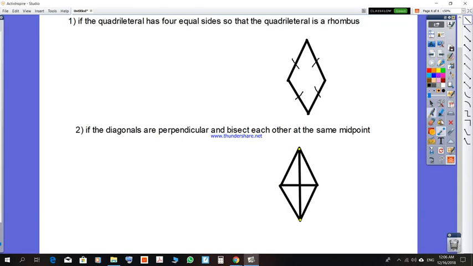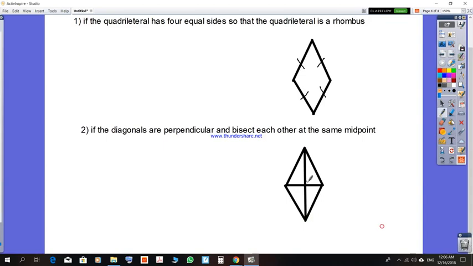We notice that the diagonals here are perpendicular, and this part of the first diagonal is equal to the other part. On the second diagonal, we have this part equal to the other part. So we can say that the quadrilateral is a rhombus, not just a parallelogram, it is a rhombus.